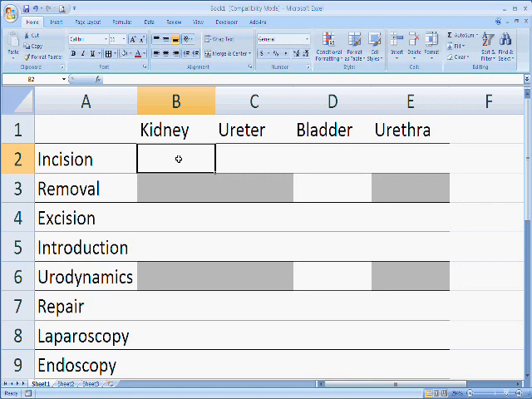There's a machine called a manometer, and you have an access site, which is a ureterostomy or catheter, and then a tube carrying fluid is inserted through the access site and into the kidney or bladder. The area is flooded, and then the pressure and the flow are measured and recorded. Sounds like fun, doesn't it? Again, repair codes, laparoscopy codes, endoscopy codes, and then we get into the bladder.